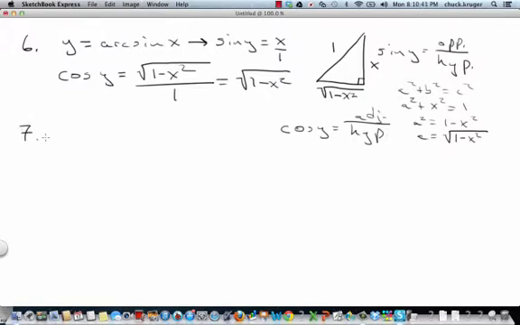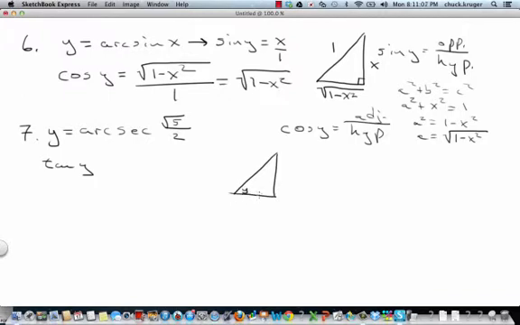Number 7 is similar to that, except I'm given a number in this case. I'm given that y equals the arc secant of the square root of 5 over 2. What would the tangent of y be? Well, that means I'm going to go make my triangle.